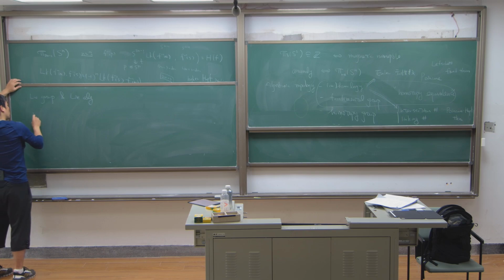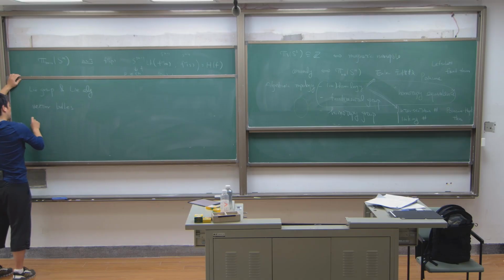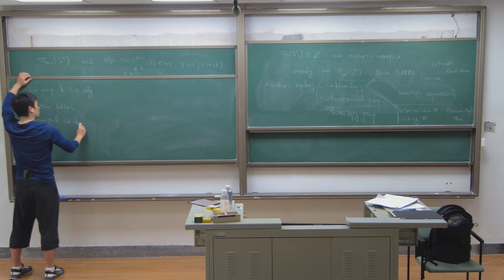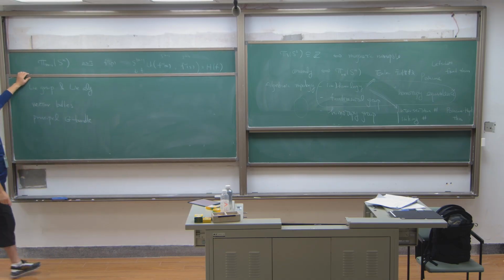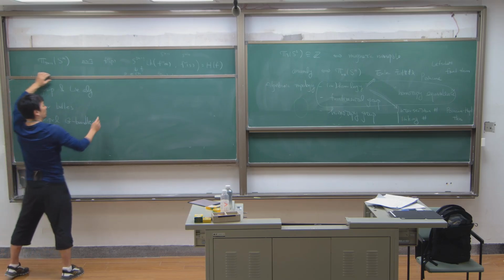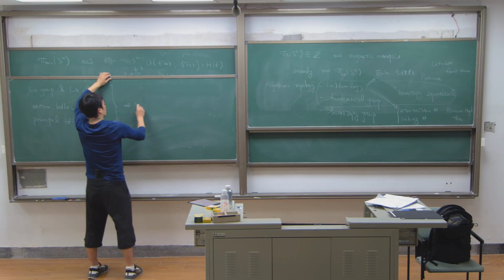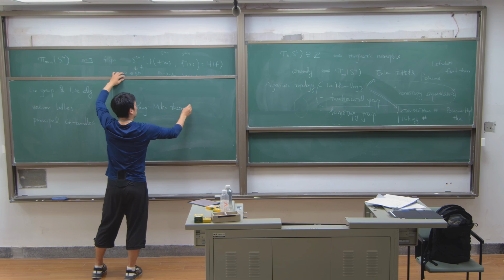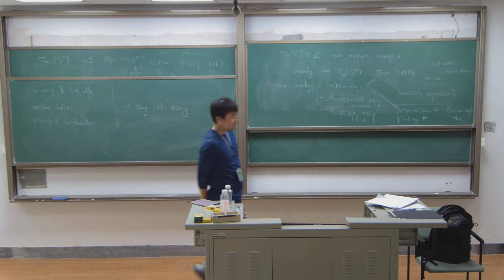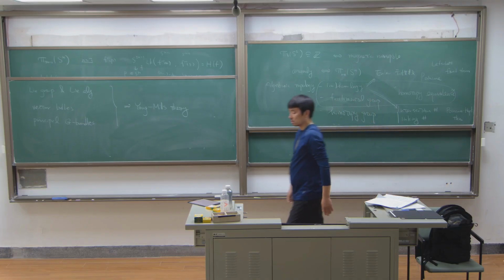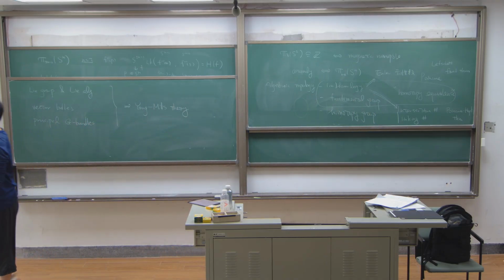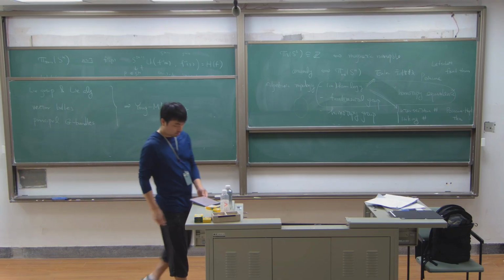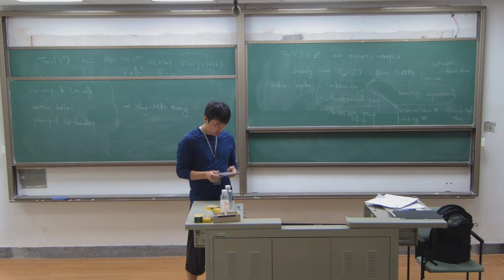From there, we will introduce the so-called vector bundle and also principal G bundles. These are very closely related to the so-called Yang-Mills theory. Those are what we are going to introduce.